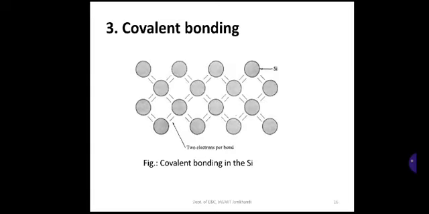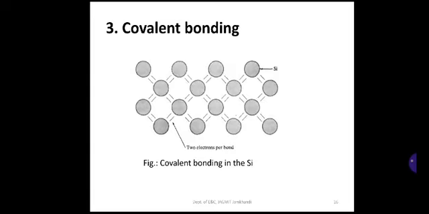The outermost orbit in these fourth group elements consists of 4 electrons. We know that each atom in the germanium, silicon or carbon diamond lattice is surrounded by 4 nearest neighbors, each with 4 electrons in the outer orbit. As you can see in the figure, the diamond lattice structure is shown.